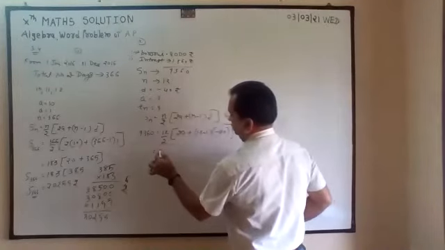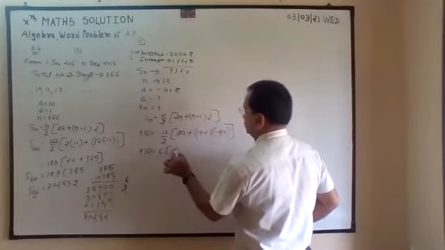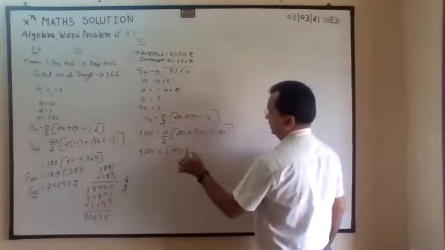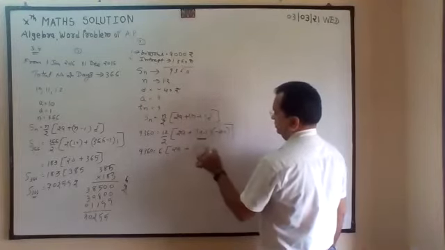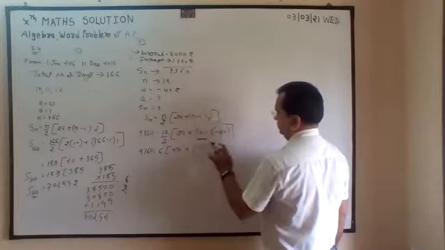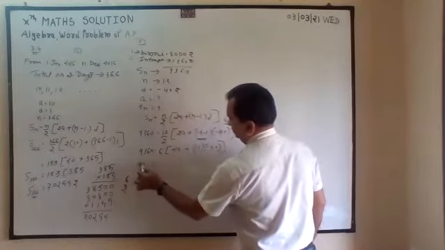So it is 6 into 2a plus 11 into minus 40.